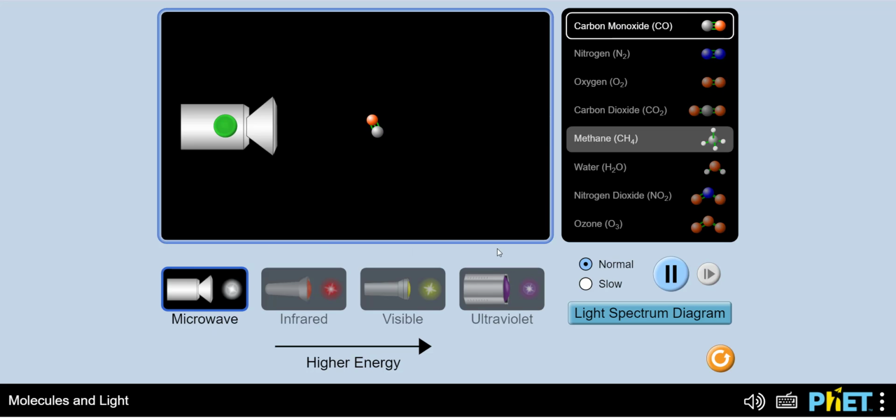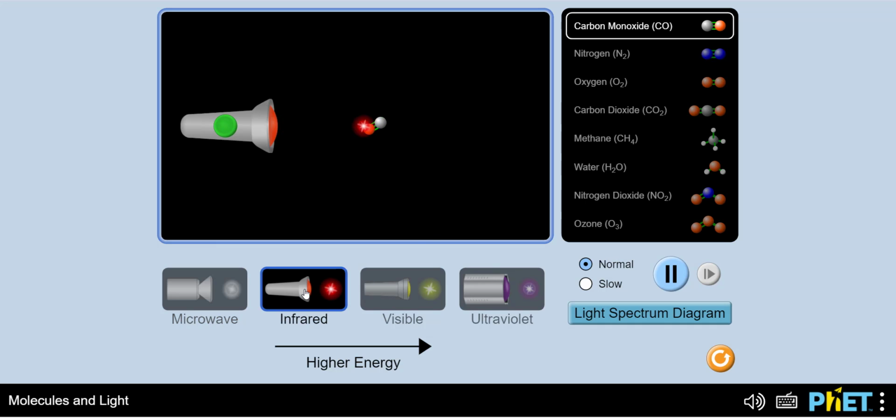Okay, I'm going to go back. I'm going to do carbon monoxide with microwave, and you can pause the video at any point to write stuff down. I'm going to switch radiation types. Switching to visible light.